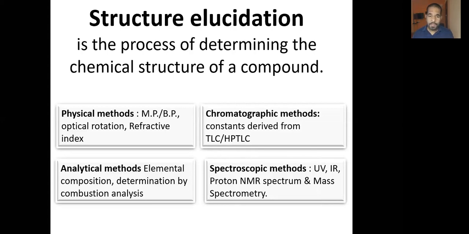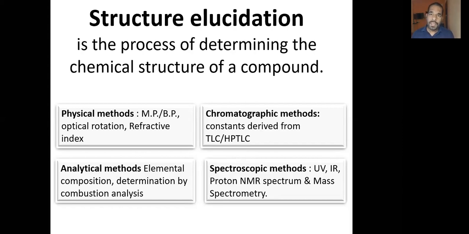One of them is the physical methods, like melting point, boiling point, optical rotation, and refractive index. We can say these physical methods are also physical constants. Apart from that, other physical methods are also available, like checking the solubility.